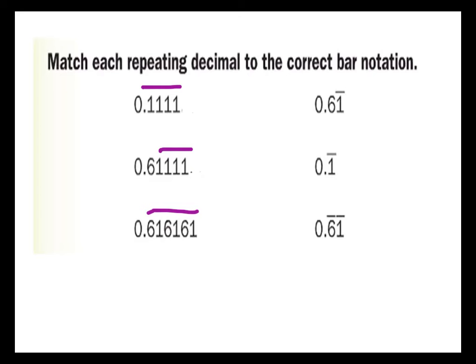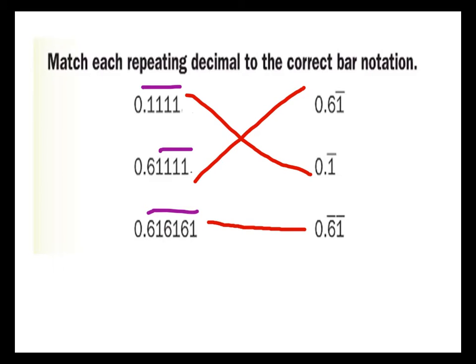All right, Cassidy will do them. So Cassidy will connect each one to its corresponding bar notation value, please. Good.